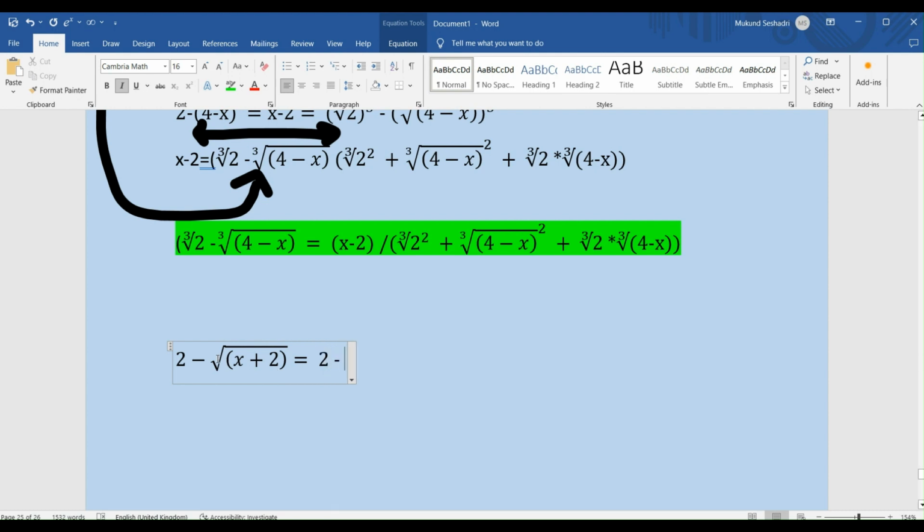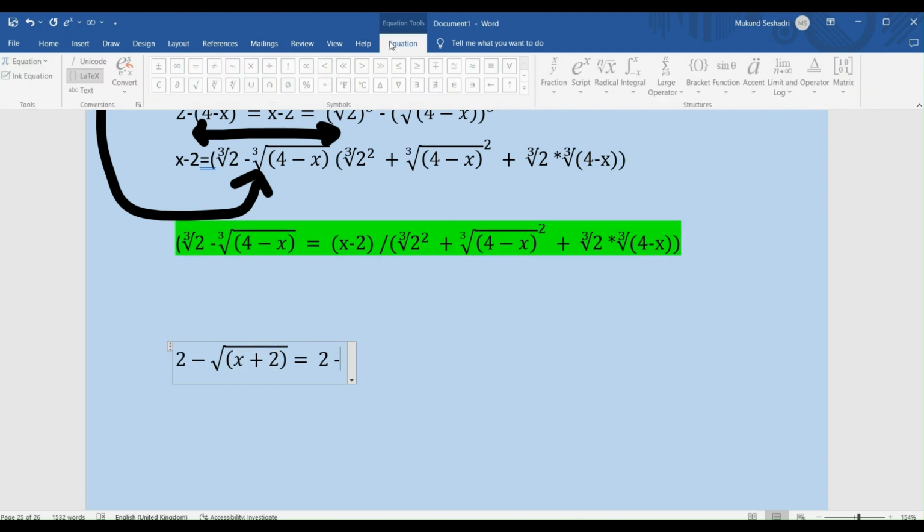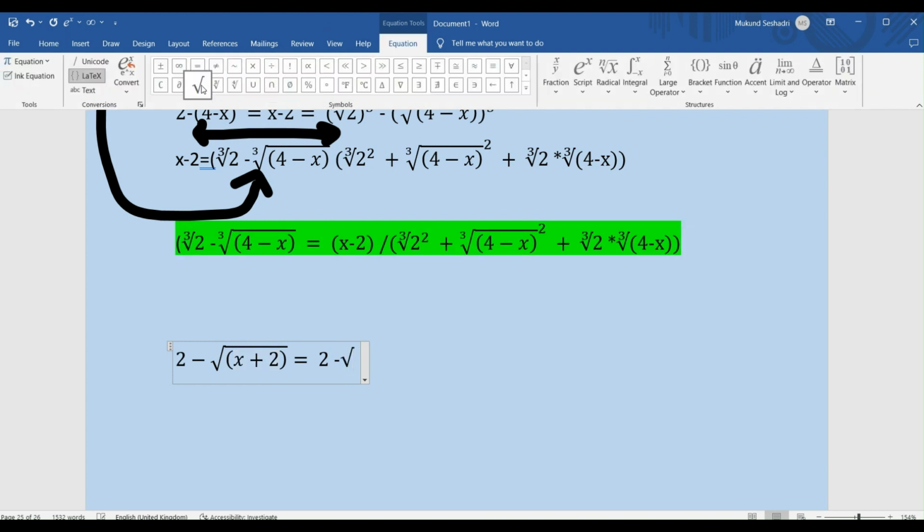This is nothing but 2 minus square root of x plus 2 into, I divide the numerator and the denominator by 2 plus square root of x plus 2.